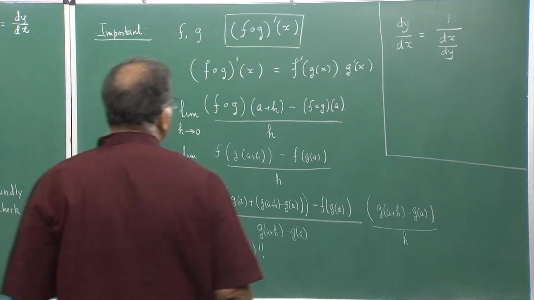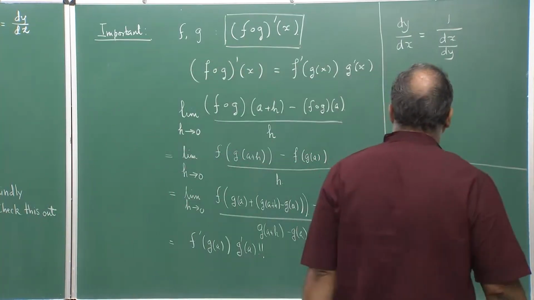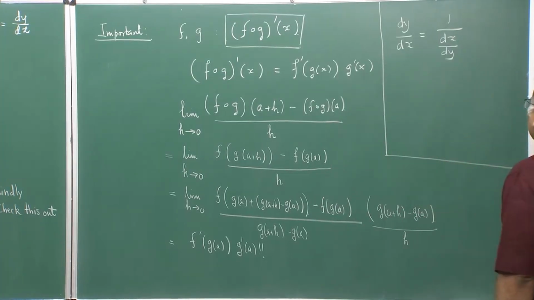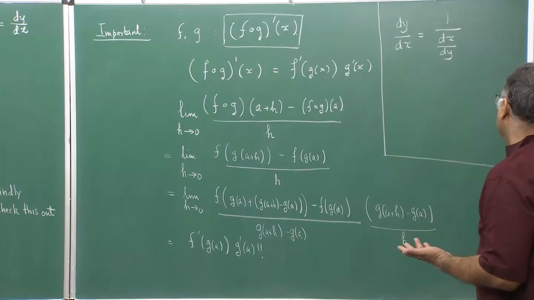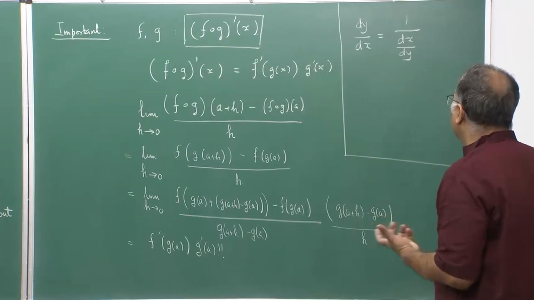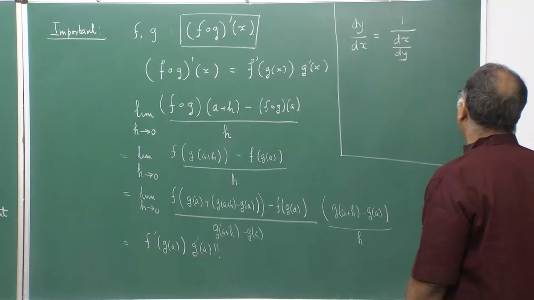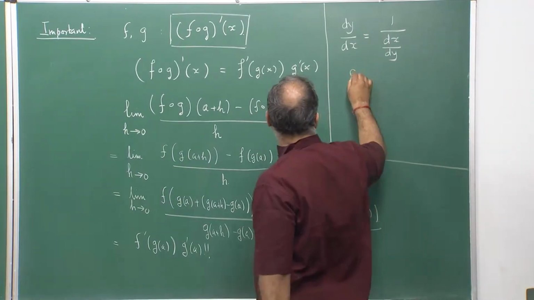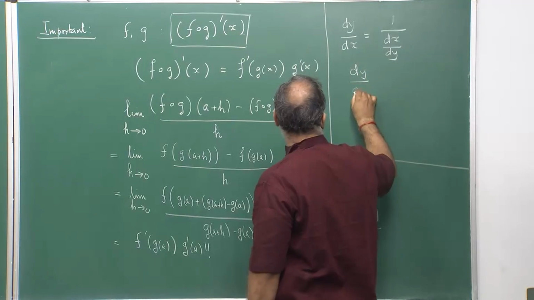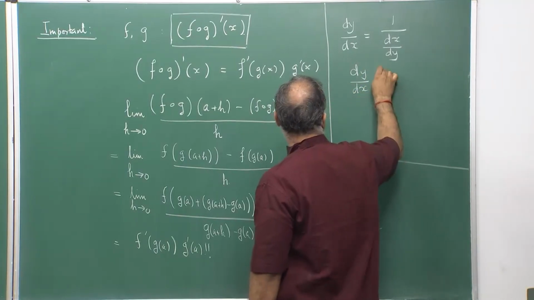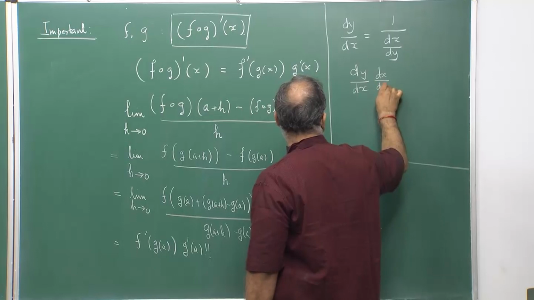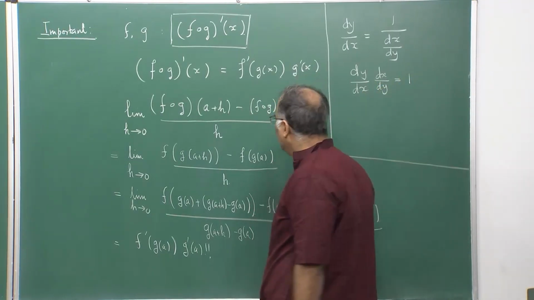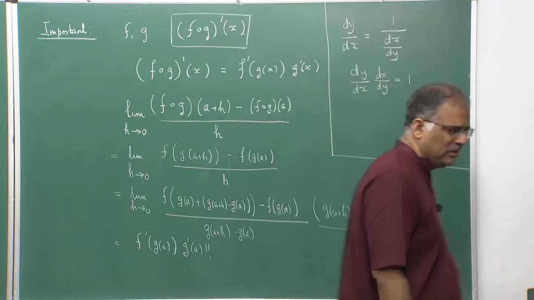But it is not a fraction essentially, it is an operator. So it simply means that dy dx into dx dy is equal to 1. So, how do I justify this?